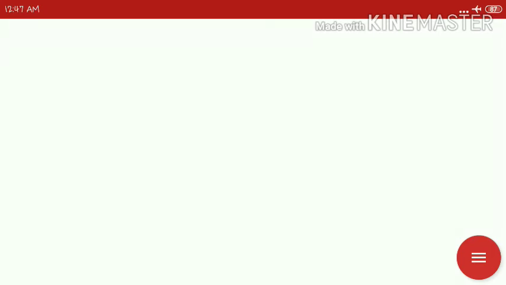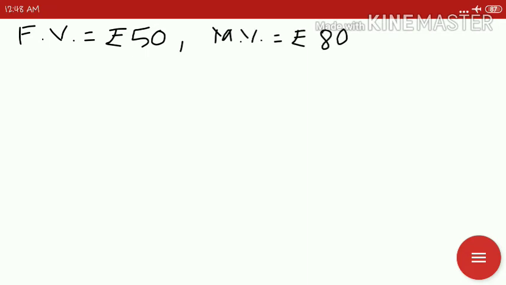So there you go. Now the solution. From the given question, we have collected the data as face value, that is rupees 50, the market value, that is rupees 80, and the rate of return or the return percentage.